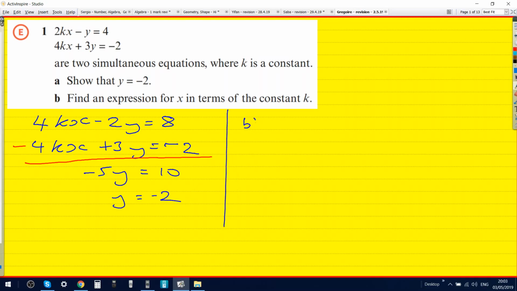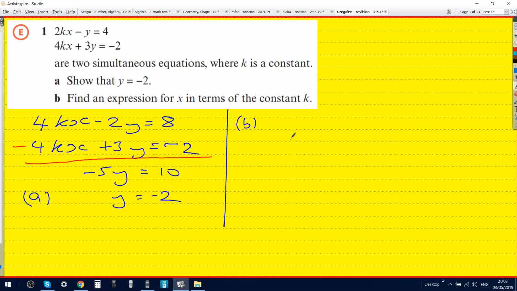And B. Find the expression for x in terms of y. So that would be in the form x equals something k. So we could try getting rid of the y.